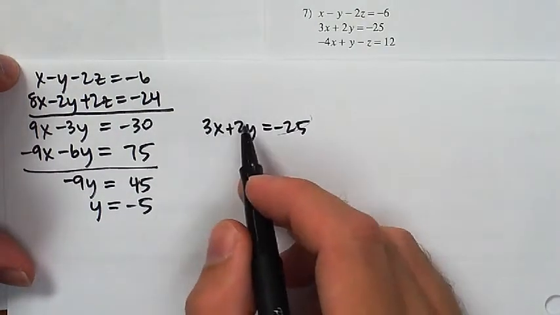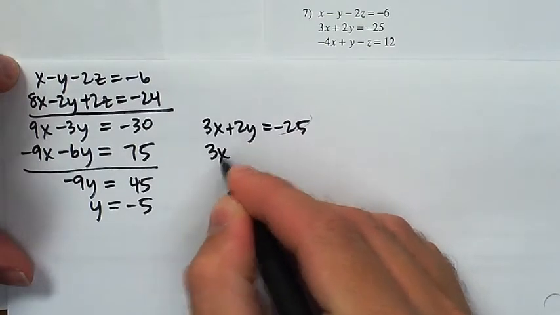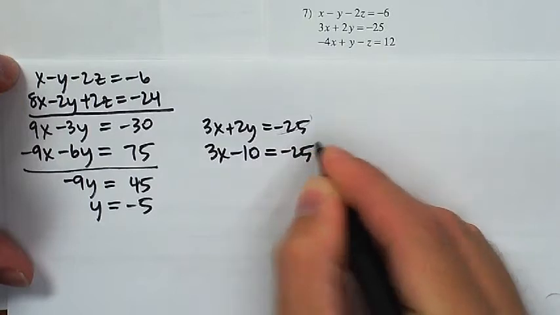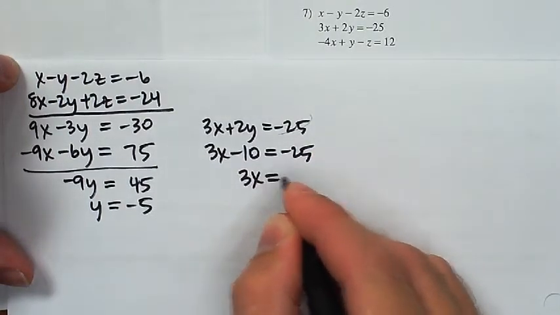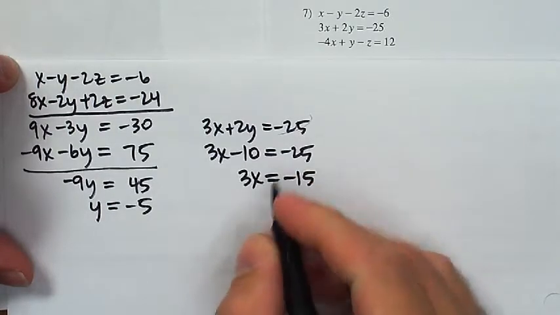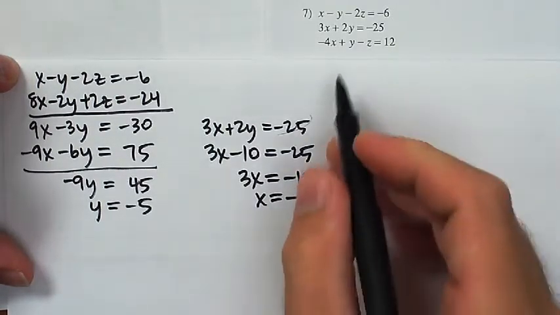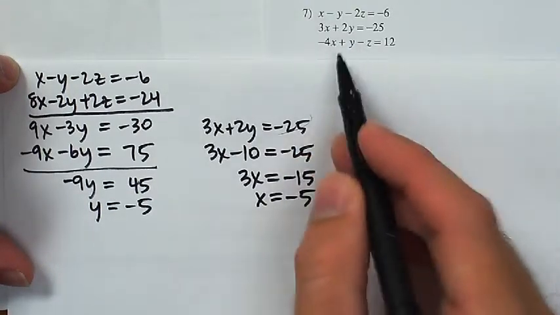Okay, 3x plus 2y equals negative 25. So 3x plus 2 times negative 5 equals negative 25. Add that over here. 3x equals negative 15. Divide by 3. x is also equal to negative 5. And then I can go back to one of my original equations that has a z in it. Maybe this one.